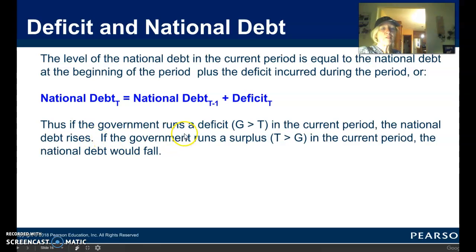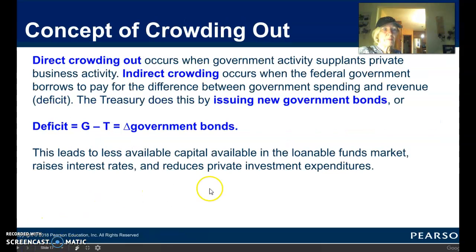It says if the government runs a deficit, government spending is greater than the amount of taxes brought in the current period, the national debt rises. If the government runs a surplus, in other words, taxes are greater than government spending in the current period, the national debt would fall. Seems so simple.